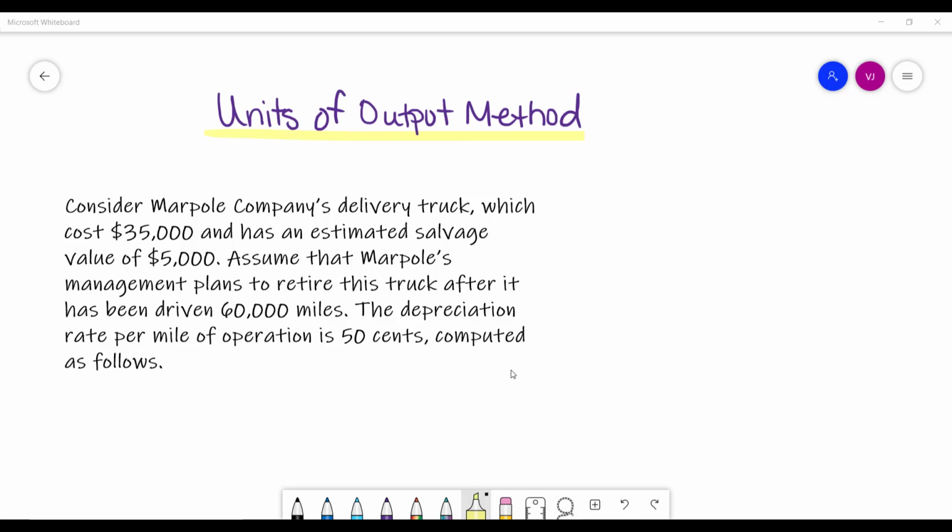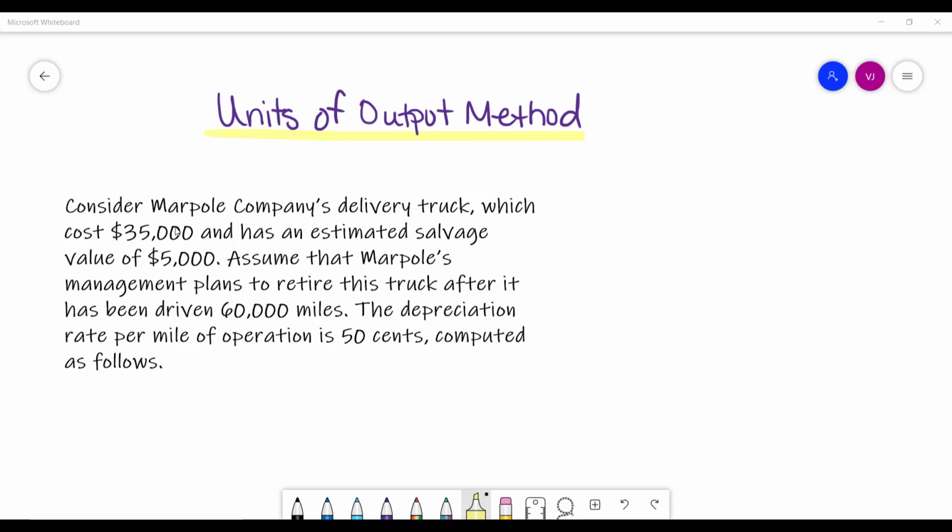When depreciation is based on the units of output method, more depreciation is going to be recognized in the periods where the assets are being used more heavily compared to other periods. Often the assets that are used under this method would be things like vehicles, like trucks or cars.